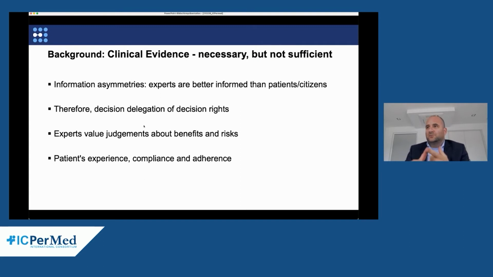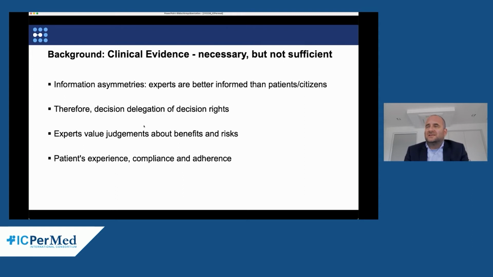We delegate approval decisions, we delegate reimbursement decisions, we delegate pricing decisions, and we even delegate the utilization of certain drugs and compounds and technologies and products. And there's a reason for it. We're delegating these decisions because there are experts who are better informed. There are experts whom we trust to find the best solution for us as individuals or as citizens.